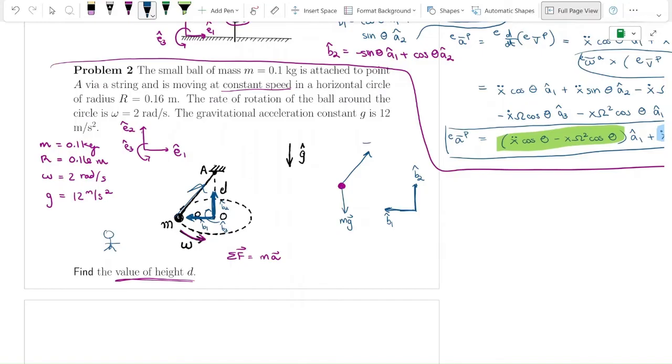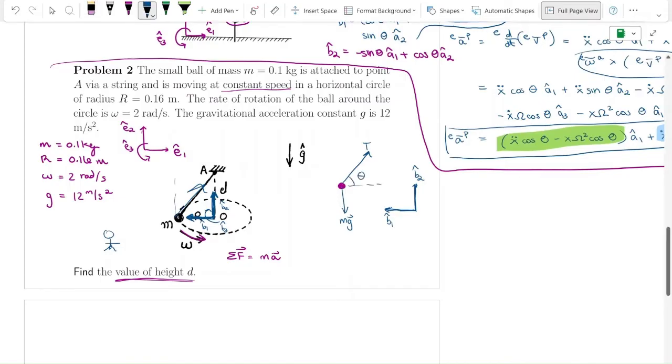So we have a tension force in this direction. And let's just say it's at some angle theta, because we're not really told in the problem, so we just make up some variable for the angle.